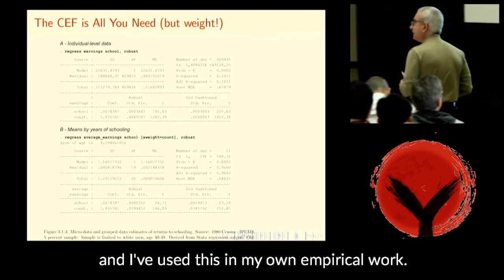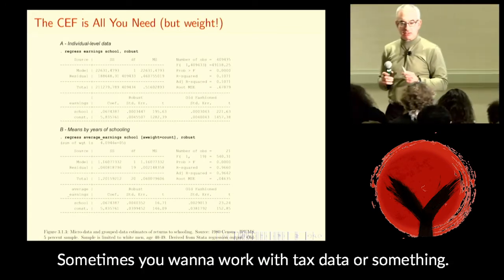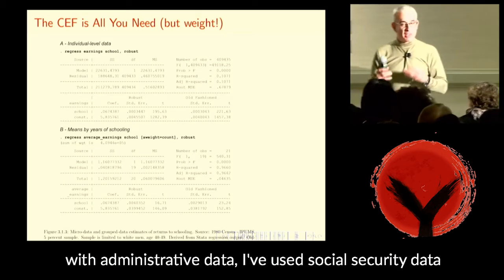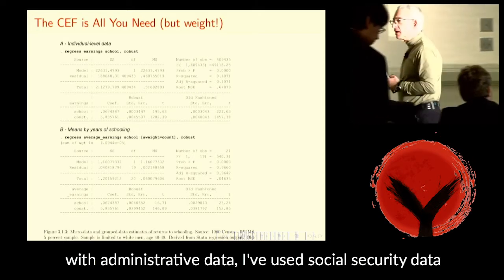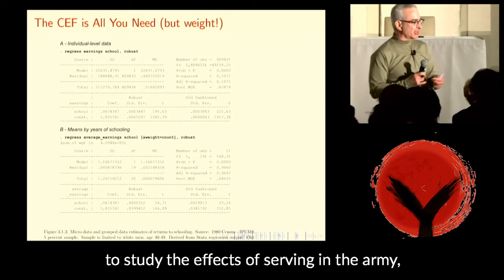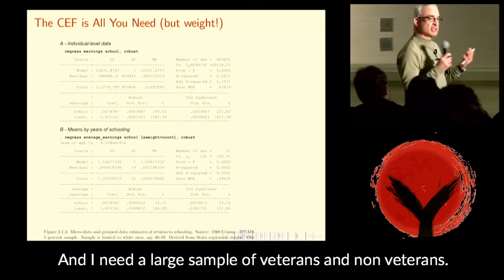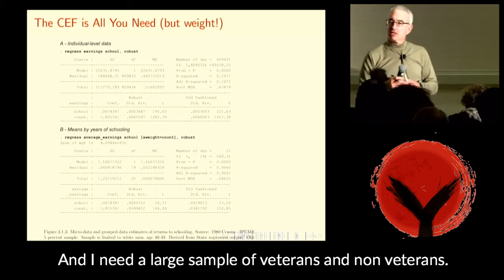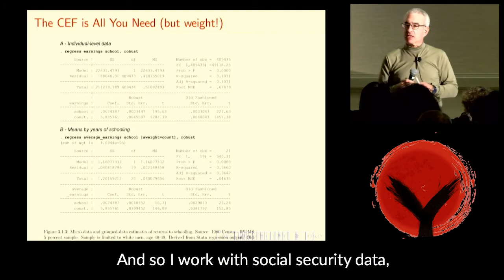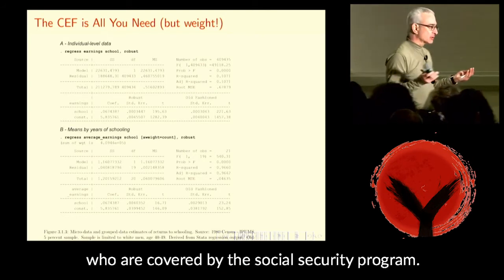So to get it to work algebraically, there is a big payoff to this, and I've used this in my own empirical work. Sometimes you want to work with tax data or something, and you have in mind that you're going to run a regression with administrative data. I've used Social Security data to study the effects of serving in the military on earnings. I need a large sample of veterans and non-veterans, and that can be hard to get. So I work with Social Security data, which has earnings of all Americans who are covered by the Social Security program.